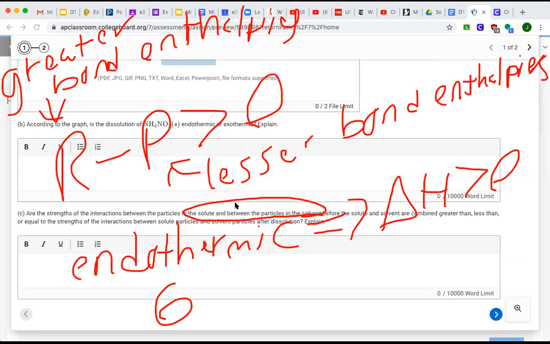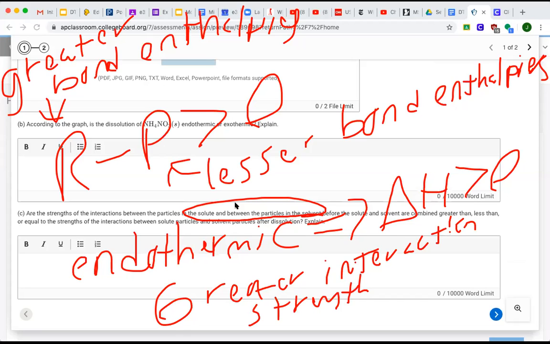So greater interaction strength before dissolution.